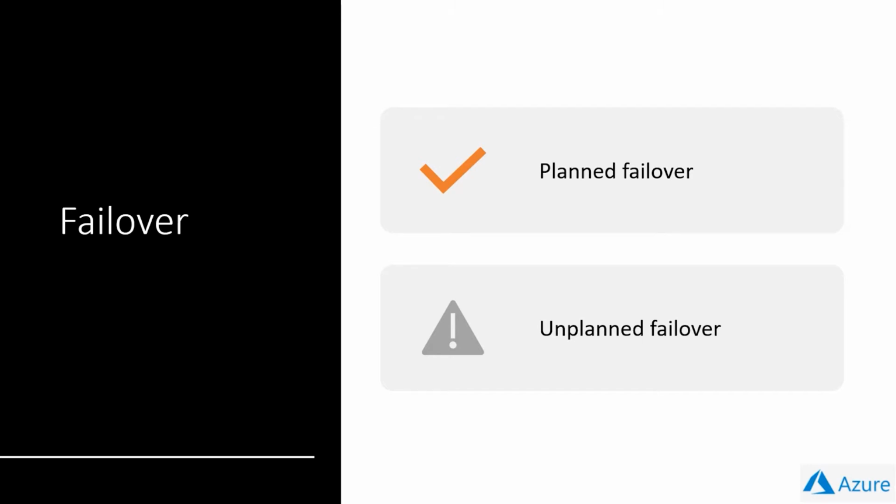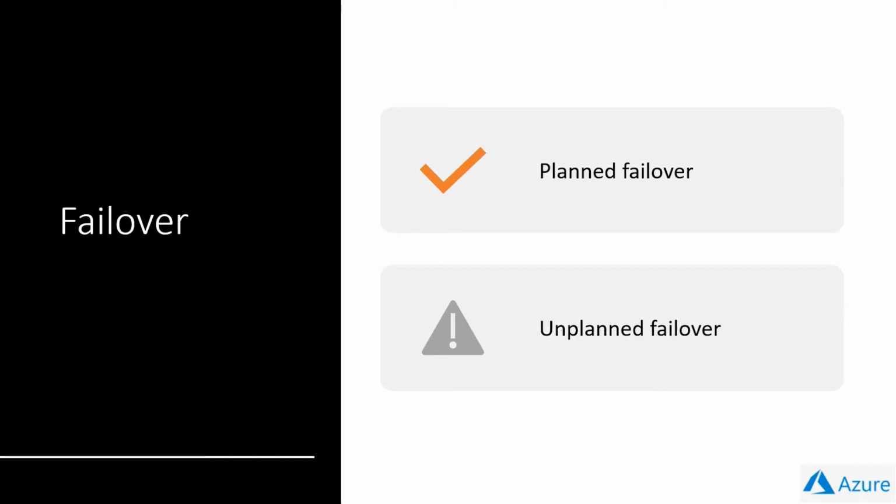The time of the operation depends on the size of the transaction log on the primary that needs to be synchronized with the secondary. And as we mentioned before, planned failover is designed to perform, for example, disaster recovery drills, to relocate a database, or to return the database after a failover.